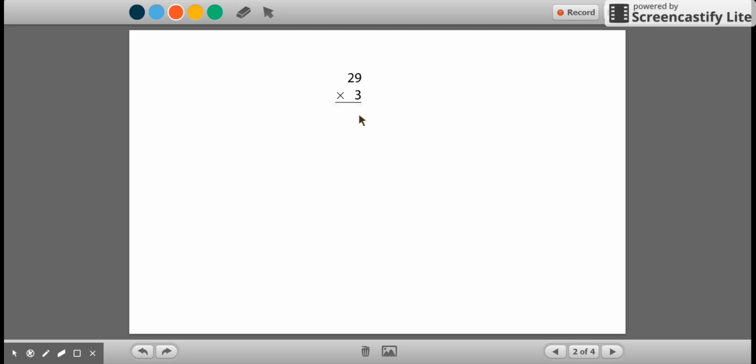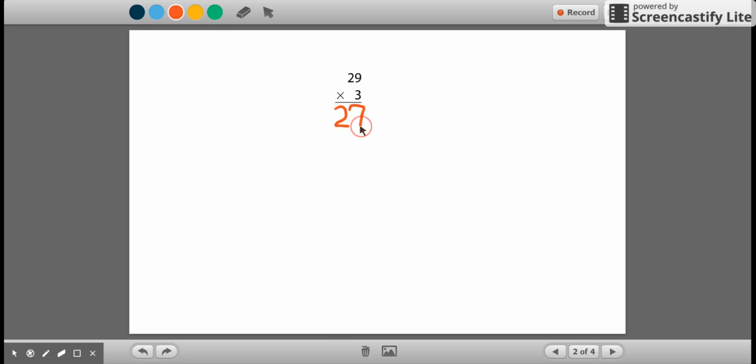Now, we're going to use partial product on this one, which means we'll create 2 different lines, 2 separate lines to figure it out. All right, so the first thing we do is 3 times 9 is 27, right? So we write our 27 right here.